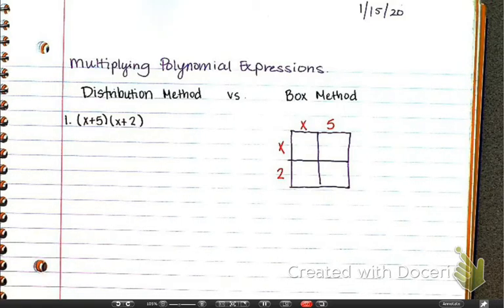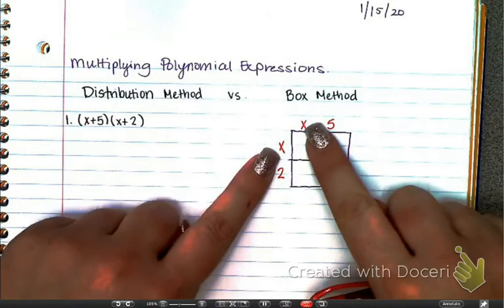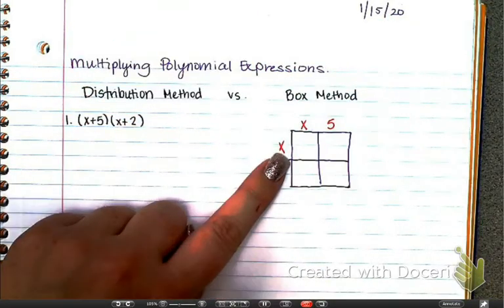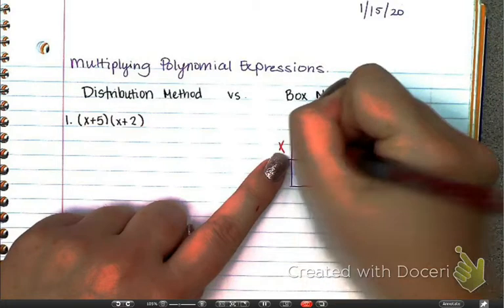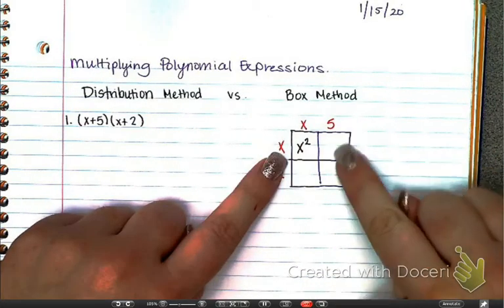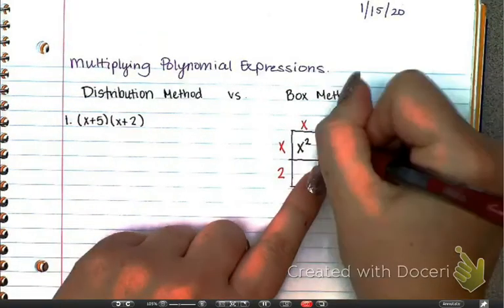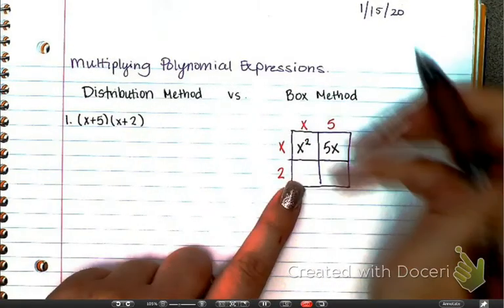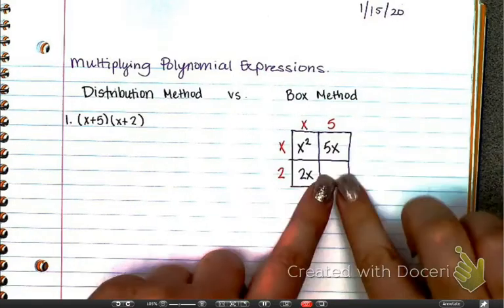Okay, to get in the box, you multiply. What is x times x? What's x times x? X squared. X times x is x squared. What is 5 times x? 5x. What's 2 times x? 2x. And 2 times 5? 10.